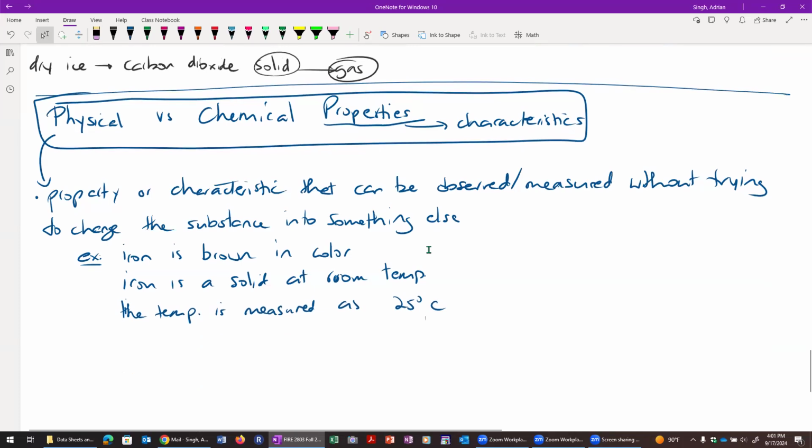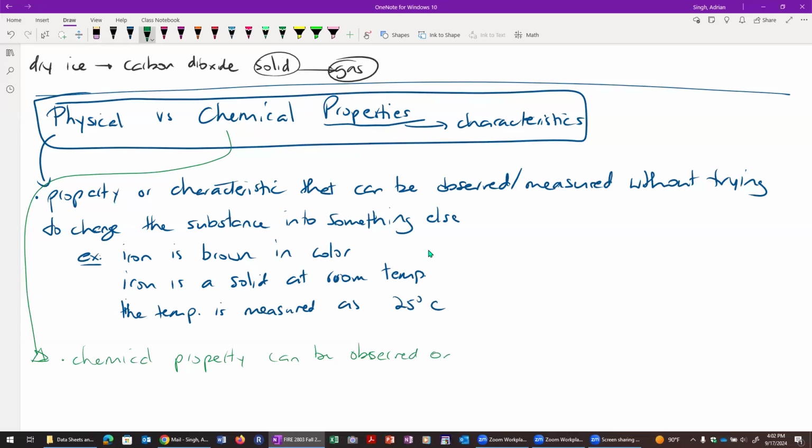That's in contrast to a chemical property or chemical characteristic. A chemical property can only be observed when the substance changes into something else.